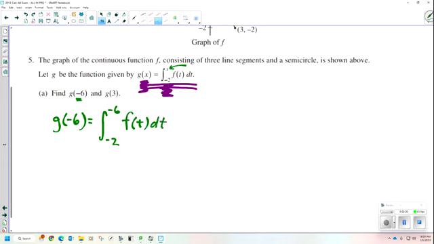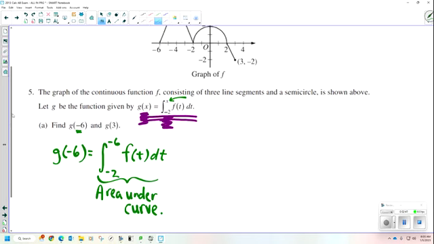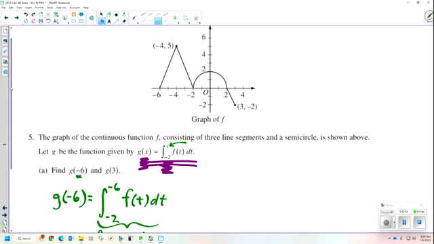Now this is wonderful because integration is the same thing as area under the curve. And what makes this even better is that my curves or my functions are straight lines and semicircles, so I can just use areas of shapes, triangles, circles, and whatnot. That'll be nice.